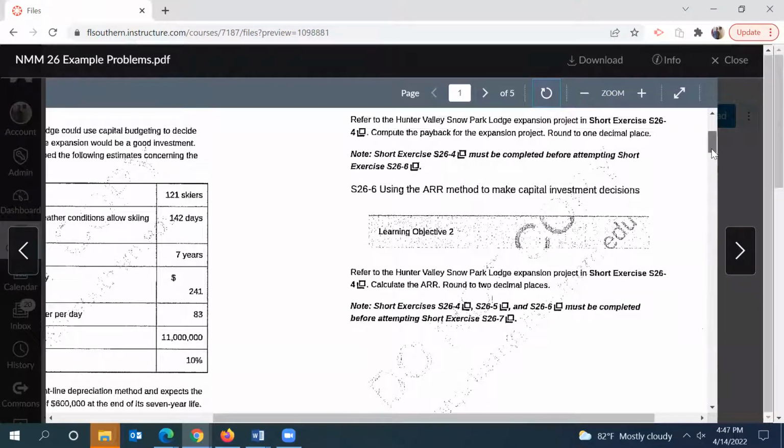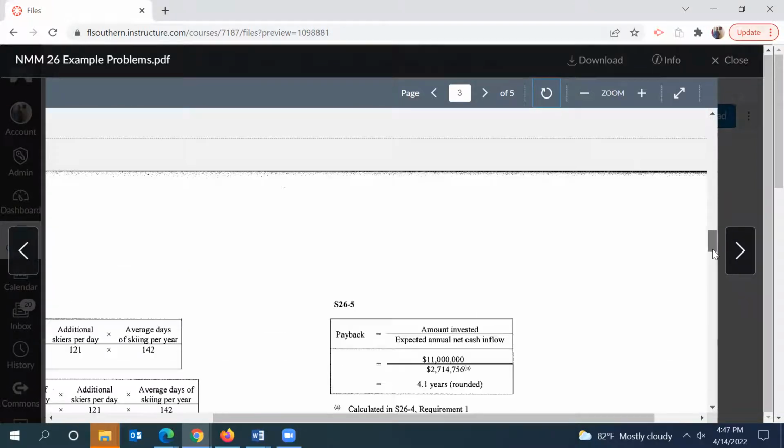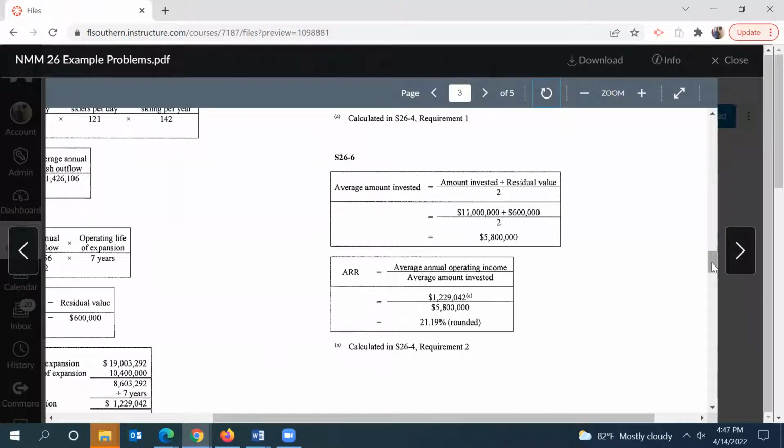Let's come down to the solution here once again. So for accounting rate of return, just looking at the formula right here, just to remind ourselves, it equals average annual operating income divided by the average amount invested.